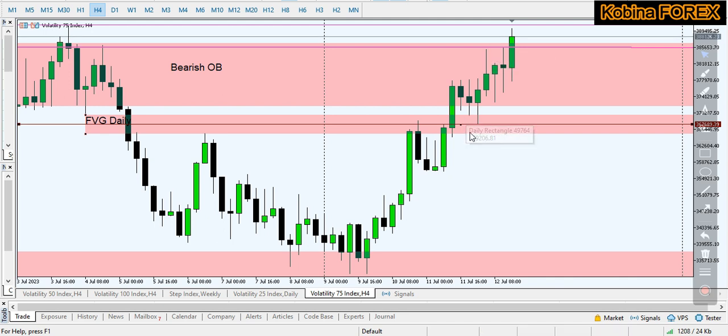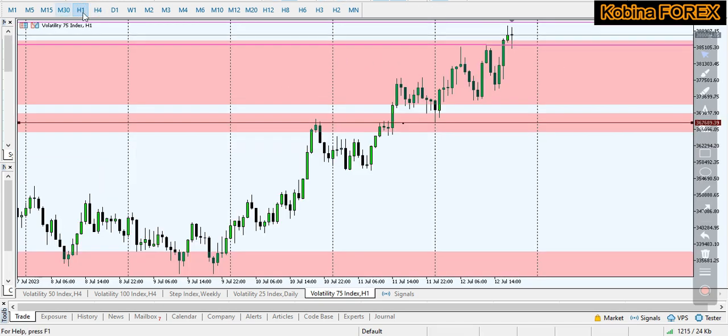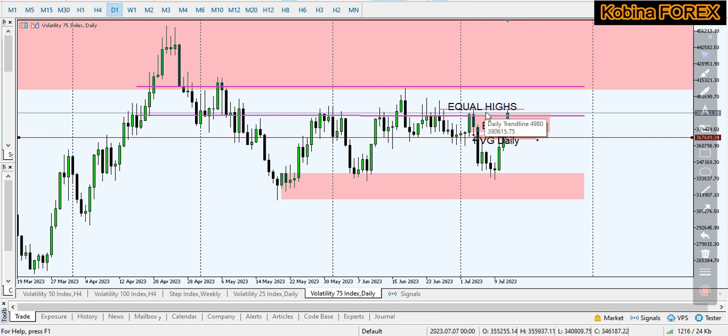As I told you, my bias for the day was bullish, and beautifully price is going, and all that I'm expecting is for it to just sweep the liquidity resting above the daily, the equal highs here. That is so beautiful. Price has delivered, beautiful delivery.